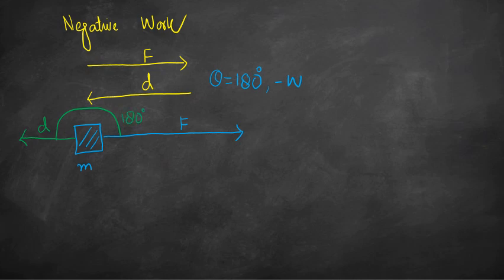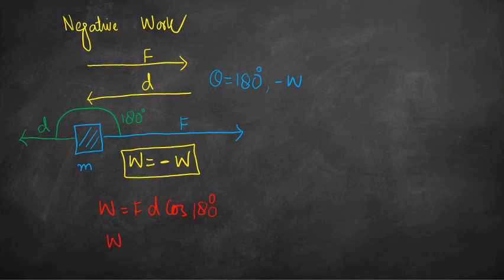In such a case, the work done on the block will be negative work, and W is equal to F into D cos of theta, which will become F into D cos 180 degrees.